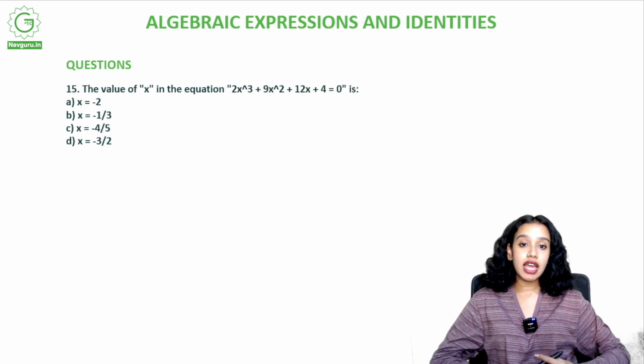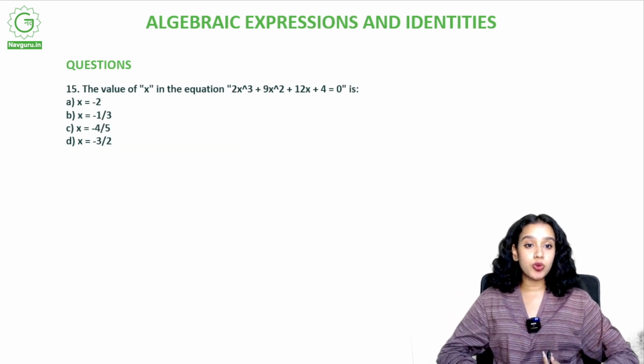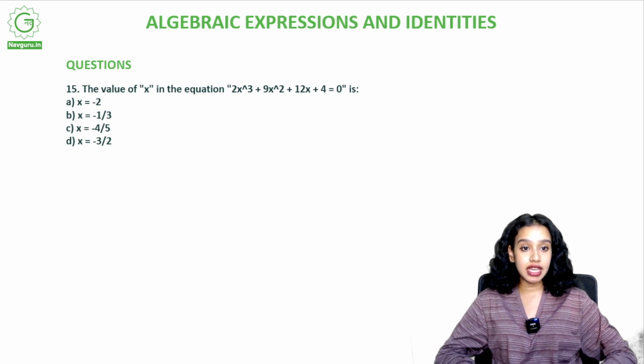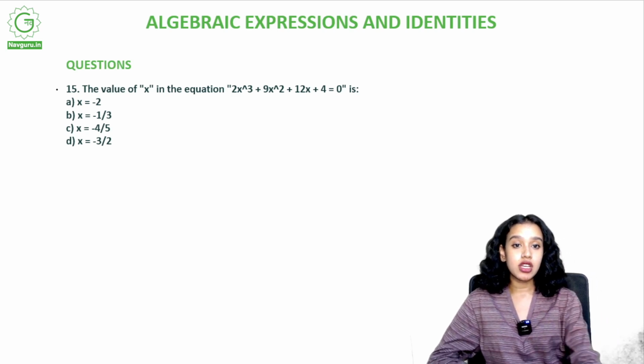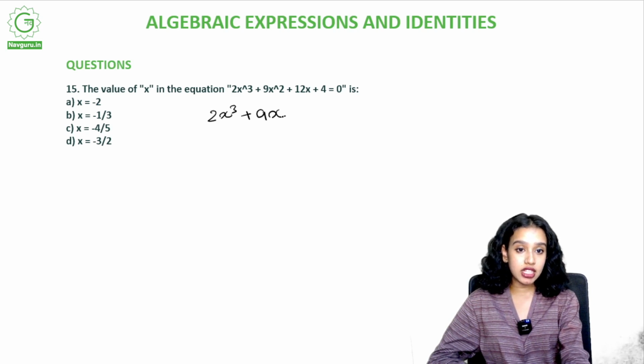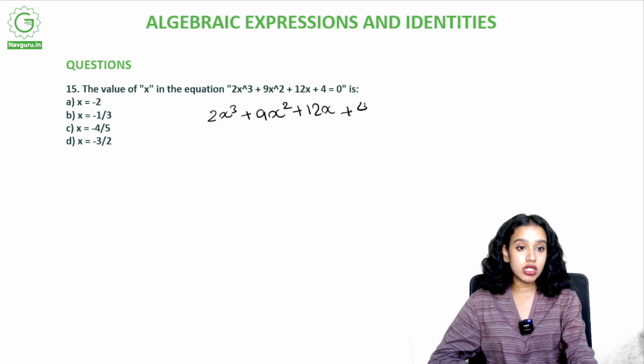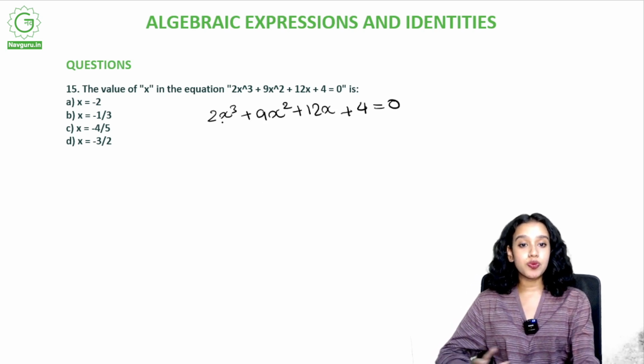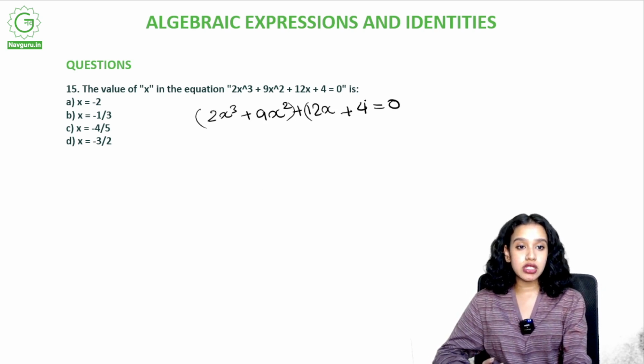Now, the value of x in the equation 2x cube plus 9x square plus 12x plus 4 is equal to 0. So we have 2x cube plus 9x square plus 12x plus 4 is equal to 0. Now what do we do? We'll group these terms.